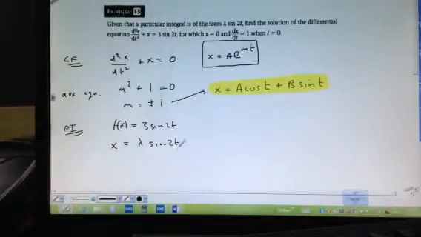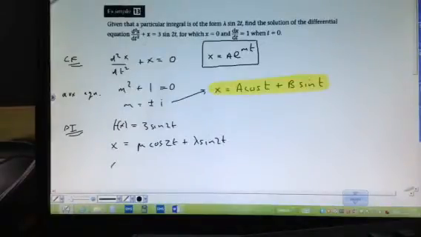Right, so actually, you lot, I'm going to do that. Look, I am going to slap that in just to show. So mu cos 2t plus lambda sin 2t.